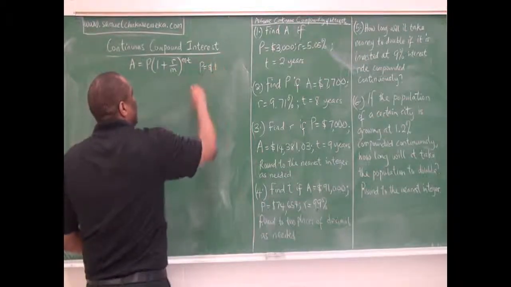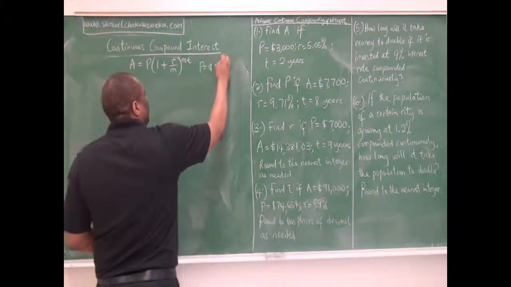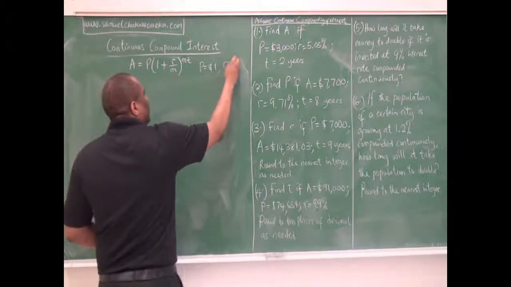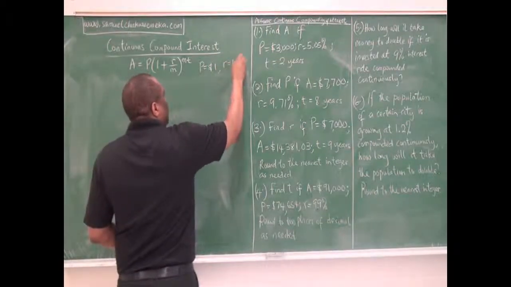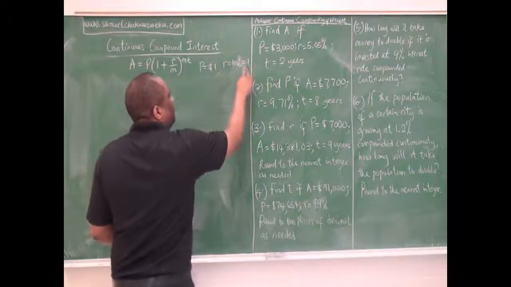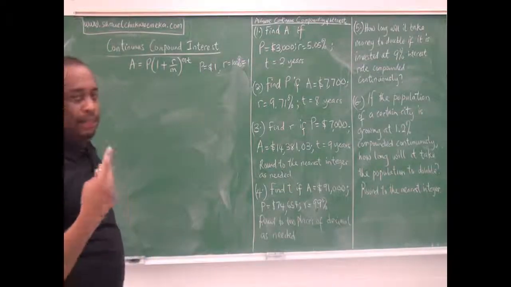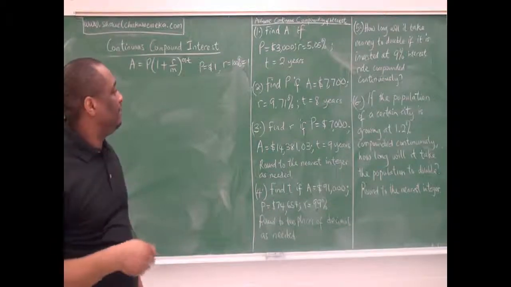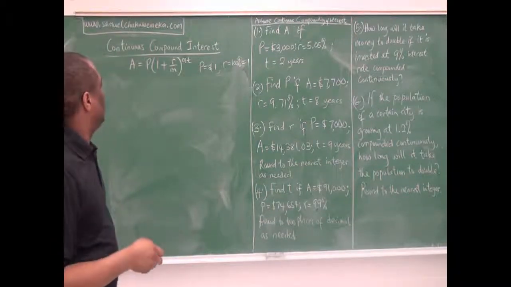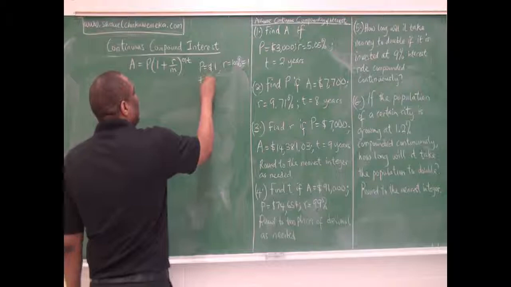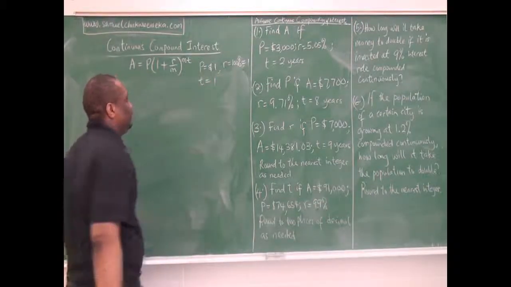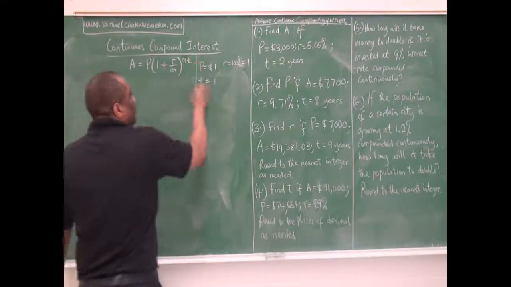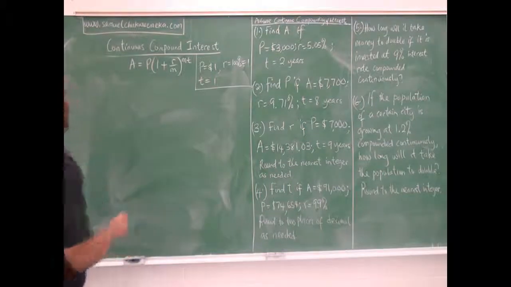We invested $1, right? Then r is 100%. 100% is 100 over 100, which is 1. Percent means out of 100. So r is 1, and then t is 1, after 1 year.